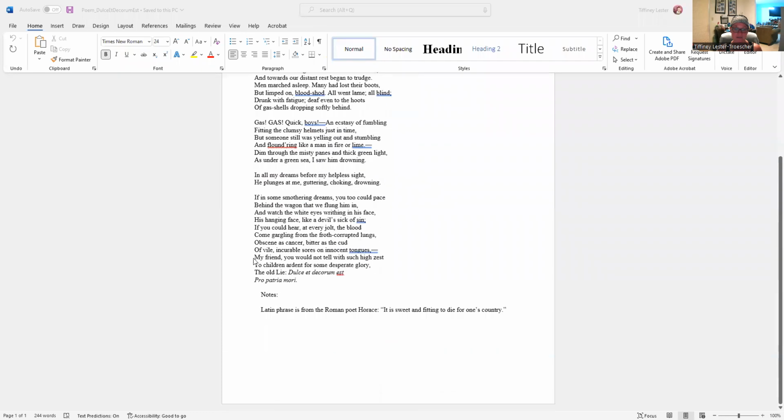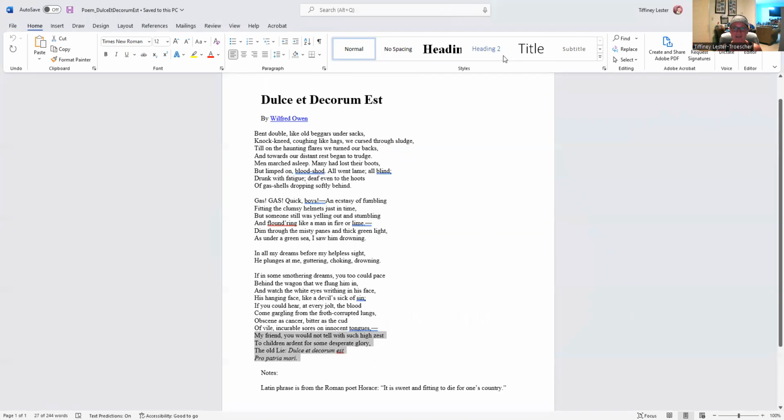So what I'm talking about is these 4 lines right here, part of which are in a different language. And down here under the notes, it tells you what this phrase means in Latin. These 4 lines will help you figure out what the purpose of this poem is, what the theme is. Okay?